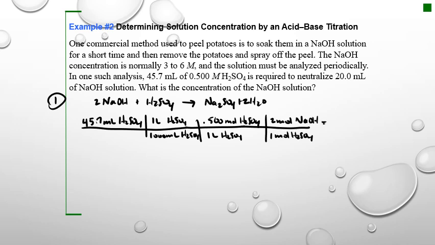So when I set my math up and I divide 45.7 by 1,000 and then multiply that by 0.5 and multiply it by 2, we end up with 0.0457 moles of NaOH. And we need to divide that by the 20 milliliters, which would be 0.020 liters.